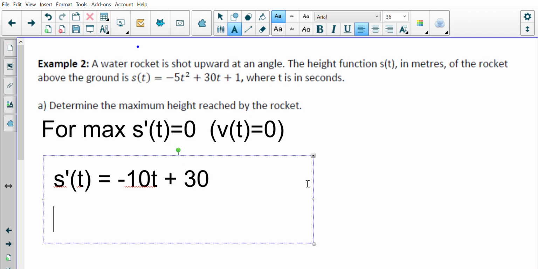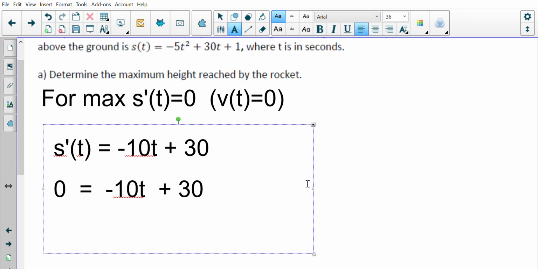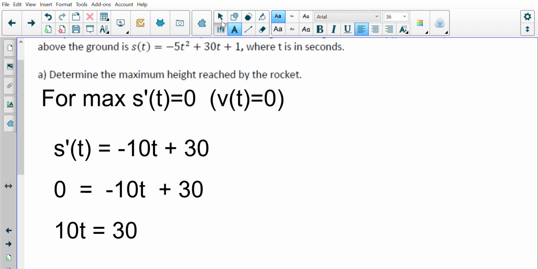Now I'm going to let s prime of t equal 0, and I'm going to have to solve this equation. So I'm setting my velocity equal to 0. I move the negative 10t over to the other side, I get 10t, and then I'm going to divide both sides by 10.